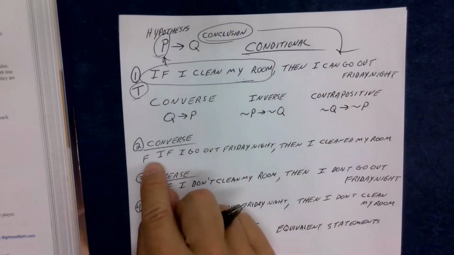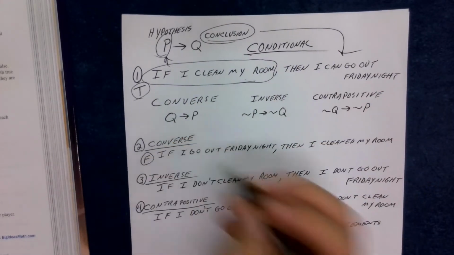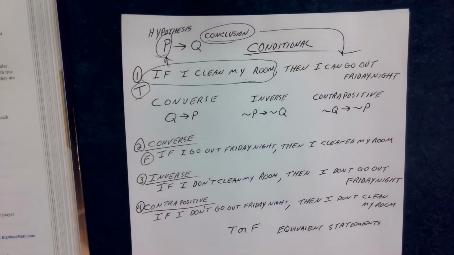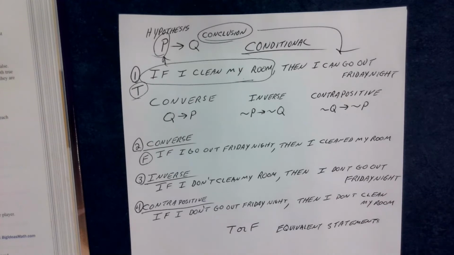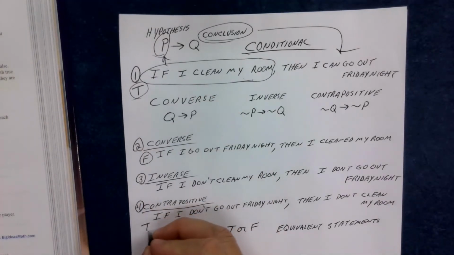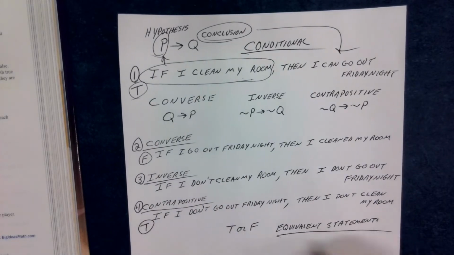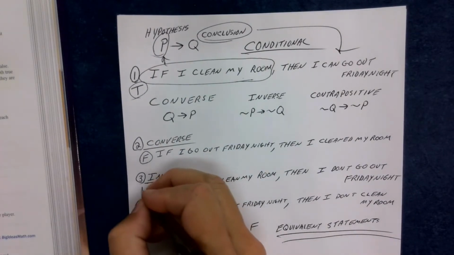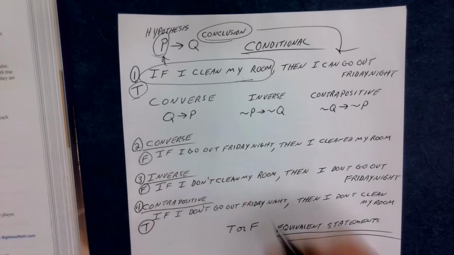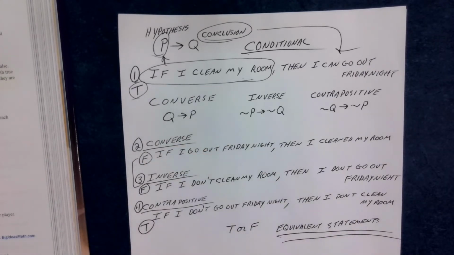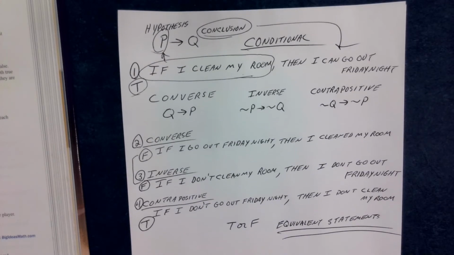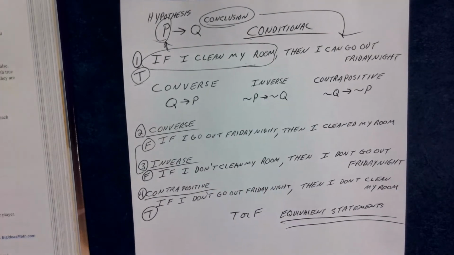I might have gone out without cleaning my room, but I know that if I clean it, I get to go out. So the first and the fourth are always going to be equivalent statements, and the second and the third are always going to be equivalent statements. A converse and an inverse will always hold the same truth value, and a conditional statement and its contrapositive will always hold the same truth value.